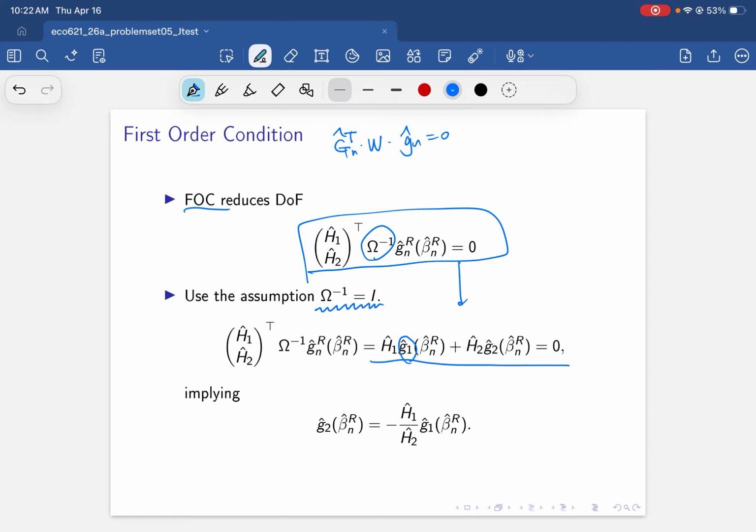That means two sample moments are actually perfectly correlated. So for example, suppose that H1 and H2 are both positive. That means if G1 is negative, then G2 should be positive and multiplied by a certain number. So it's linear dependence.